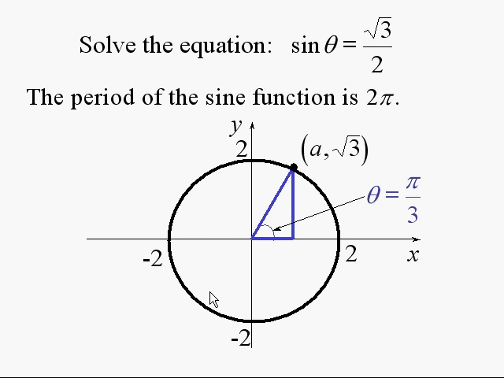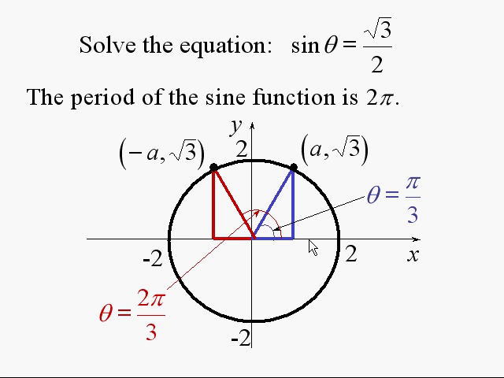So we've got another picture that we could draw in, keeping track of an angle with a reference angle of pi over 3 that makes the angle 2 pi over 3. So we're keeping track of angles where the ratio is root 3 over 2 for angles where the reference angle is in quadrant 1 or quadrant 2.